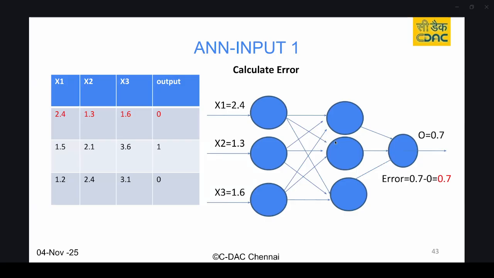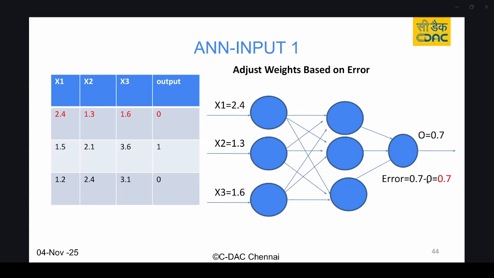So the error I will calculate first. So error is 0.7 minus 0. You want to get an output of 0, so that error will be minimized.